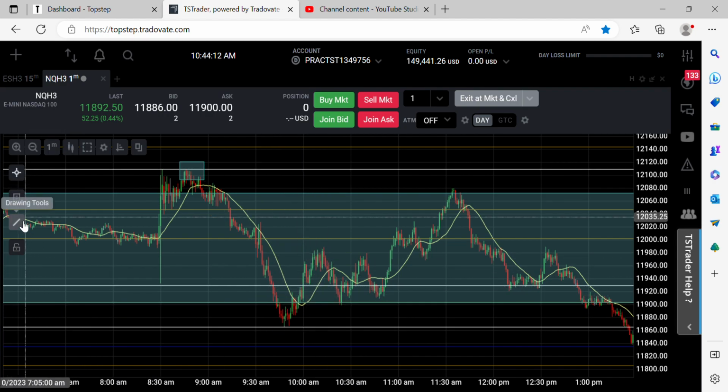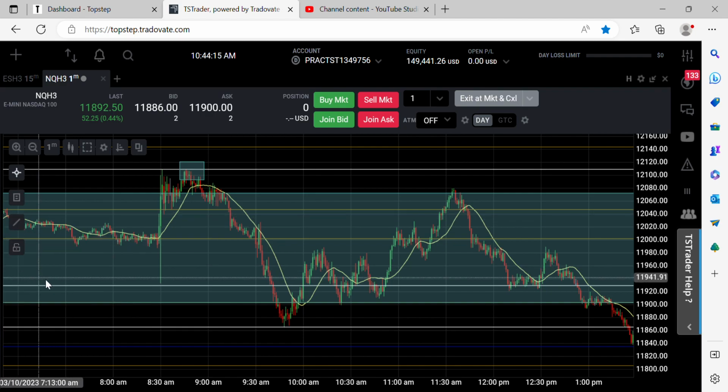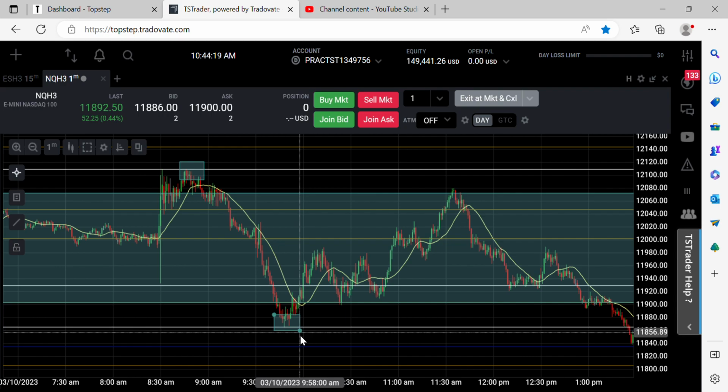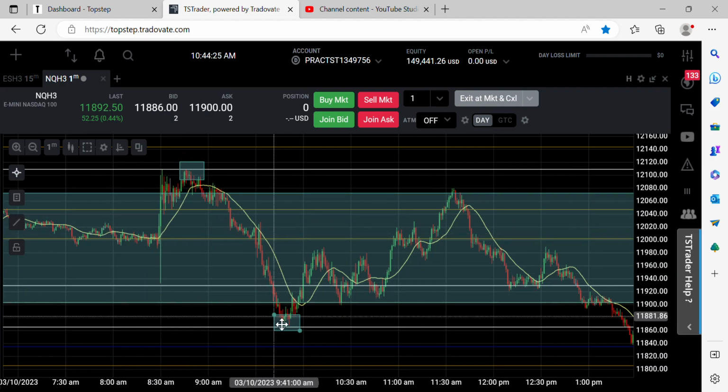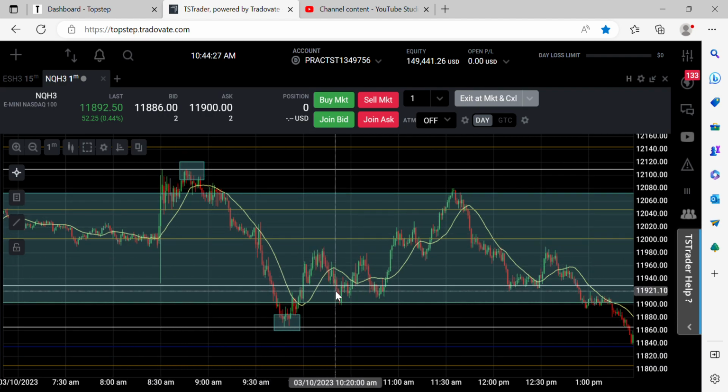So I'm going to draw another rectangle here. And we can see it starts to go up, comes all the way back to a base. So we have a little line here, a little line here, and a line here.